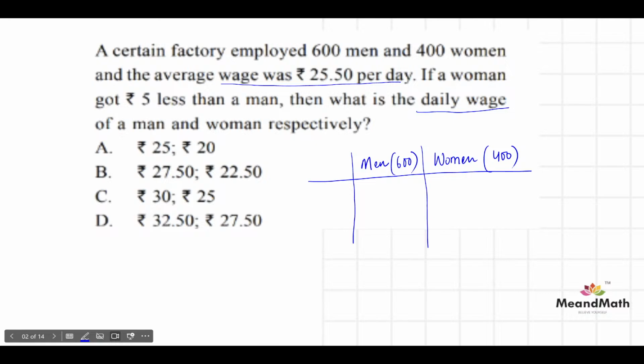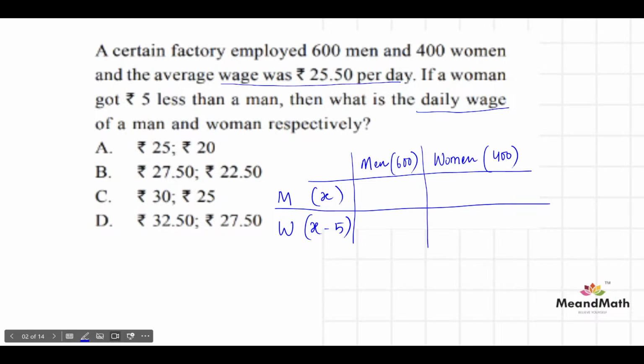If a woman got 5 less than a man, so if a man is getting X, the woman will get X minus 5. Does that make sense? Now we have to find the daily wage of a man and a woman respectively.